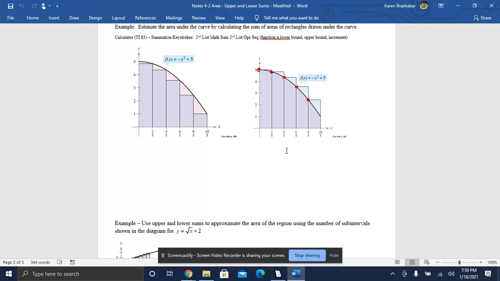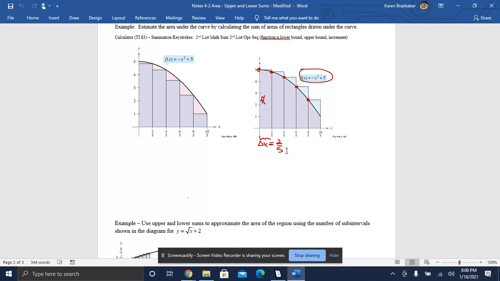So we still have the same information as far as the width is concerned. This still has a delta x of 2/5.